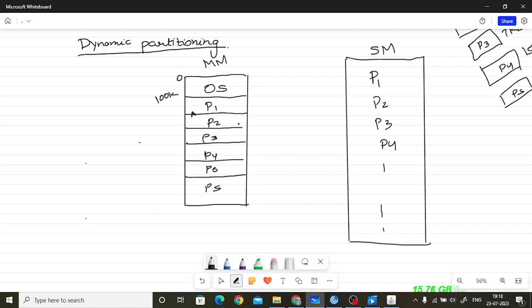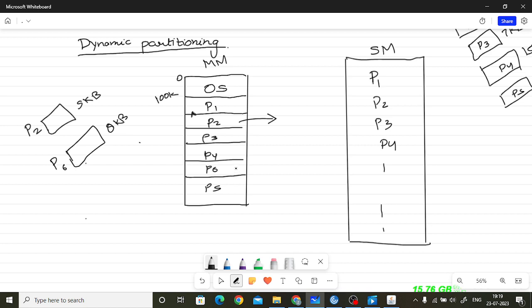Suppose a process P2 is of size 5 KB, and process P6, let's say, is of size 8 KB.